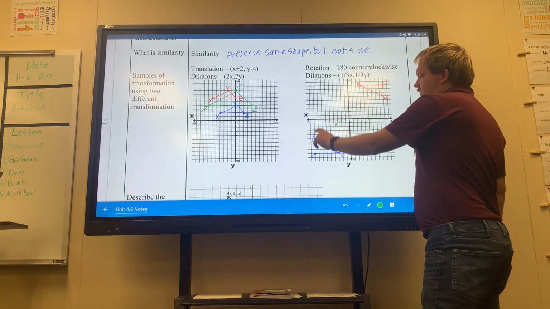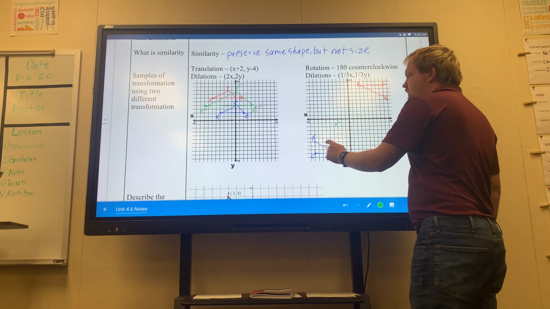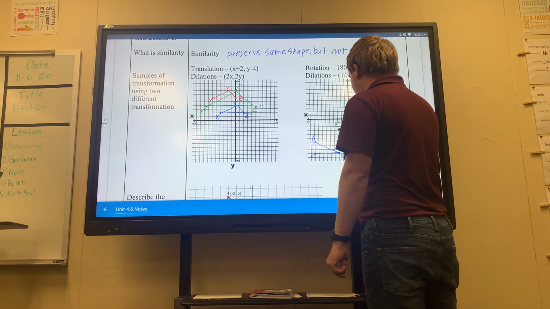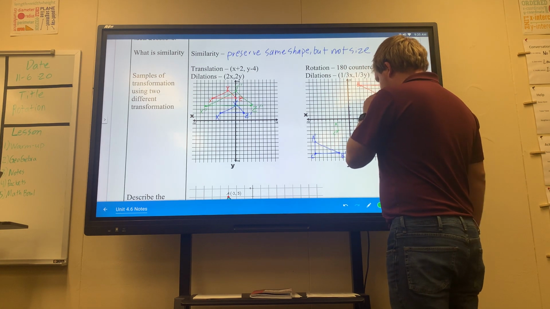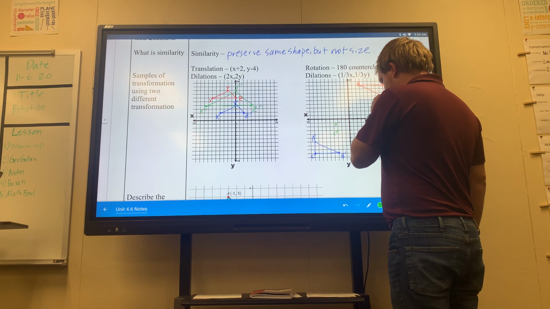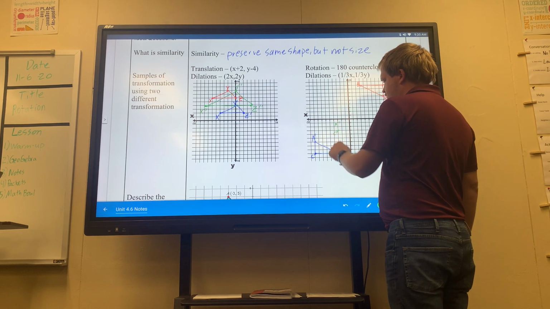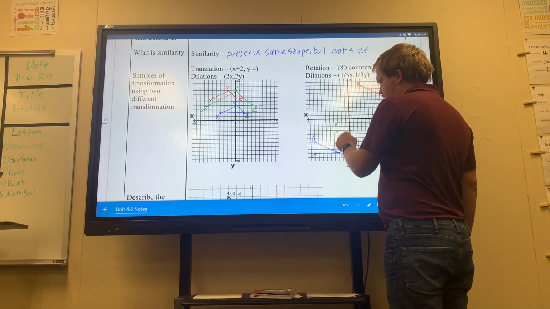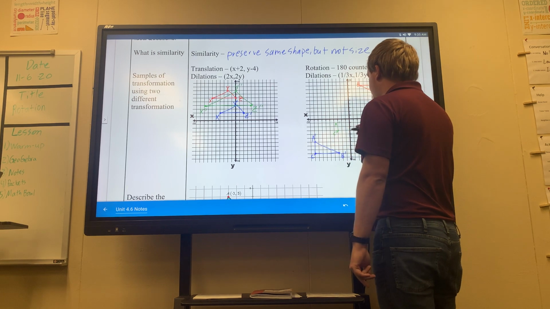Now C prime is negative 9, negative 9. You divide both of them by 3, and we get negative 3, negative 3. And this right here, B prime is negative 3, negative 9. Negative 3 divided by 3 is negative 1, and negative 9 divided by 3 is negative 3.